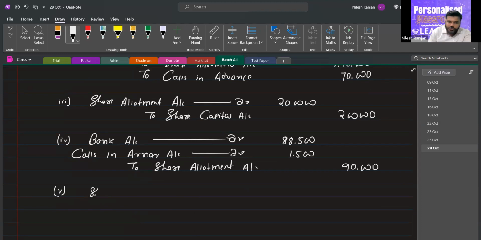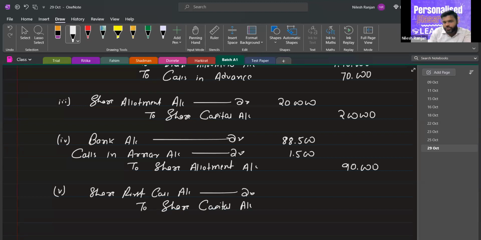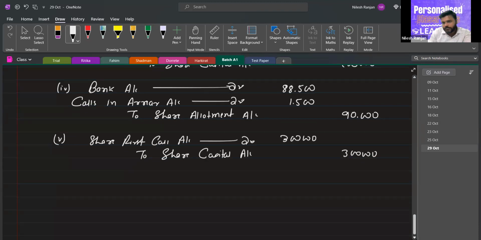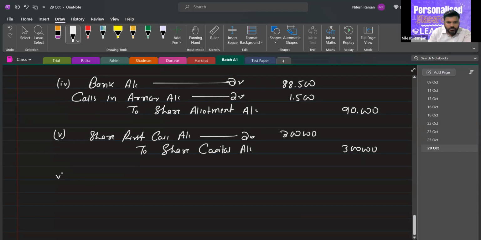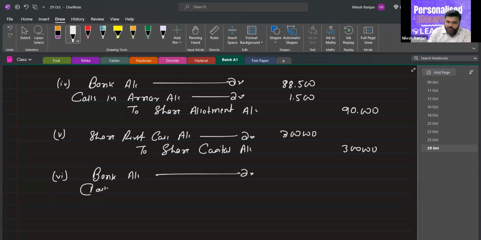Next is share first call, to share capital. Now on share first call, we need 3 lakh. Bank account debit, calls in arrear account debit.